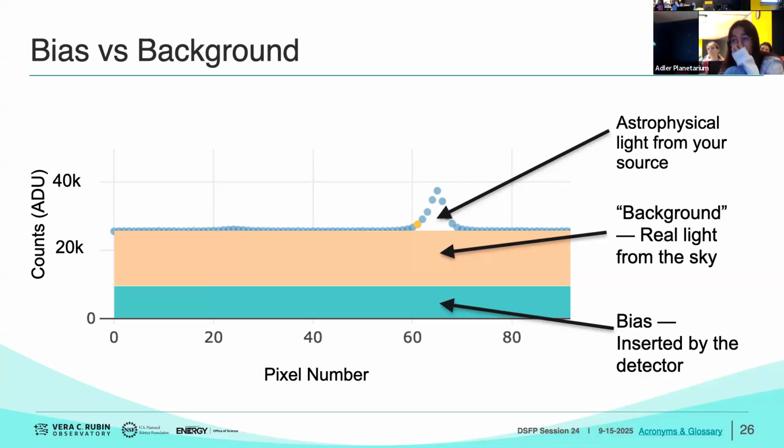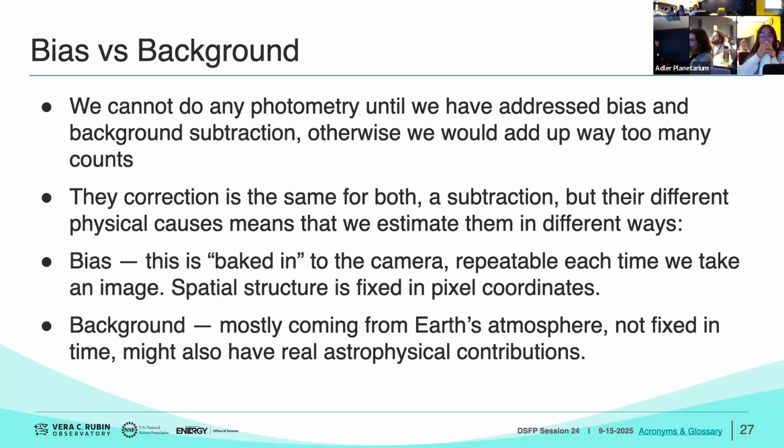The camera says, I'm giving you these volts in every single pixel. We have light coming from the star, right? But we also have background, which is light coming from the sky. And this is not the same as bias. These are two totally different things that we need to treat differently.